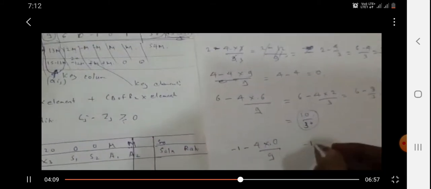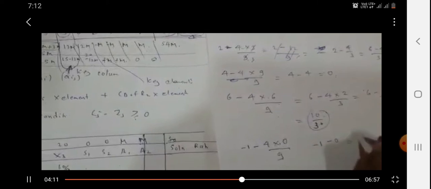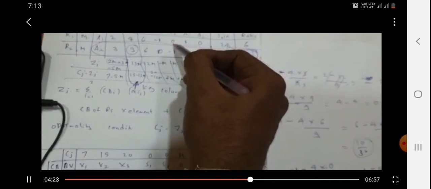You can find the A2 value, but it is not required. You have to write a dash instead of A2 there. A2 is the leaving variable, so you need not write it down. Using the same method you find the elements for the S1 column, S2 column and A1 column.